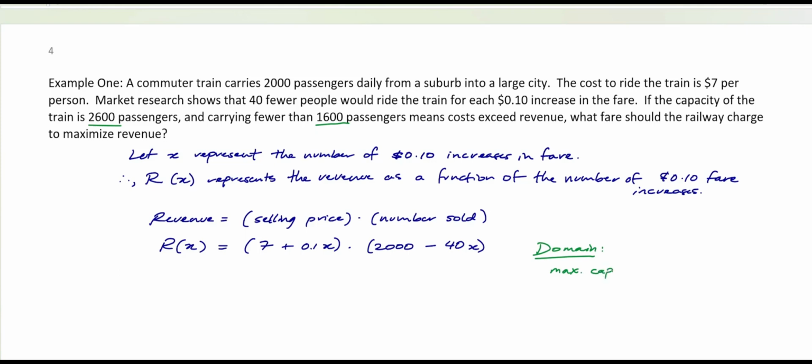So let's look at the maximum capacity situation. What is my restriction on that domain? Well, the number sold, 2,000 minus 40x, would be equal to 2,600 if I am at capacity. So what I'm going to do here is isolate x.